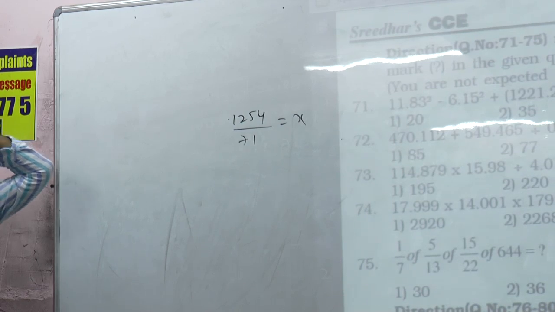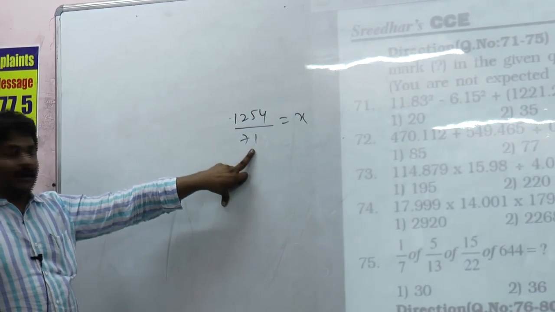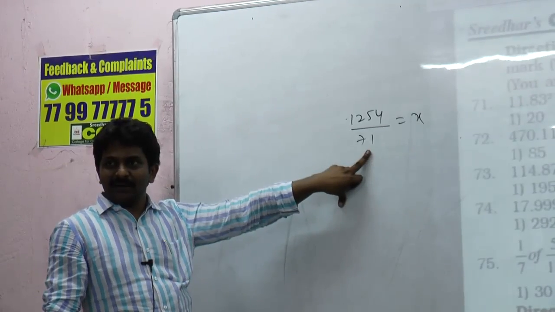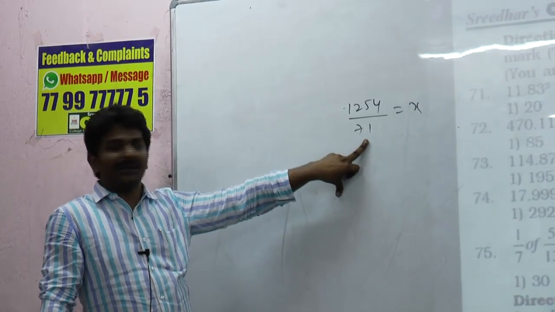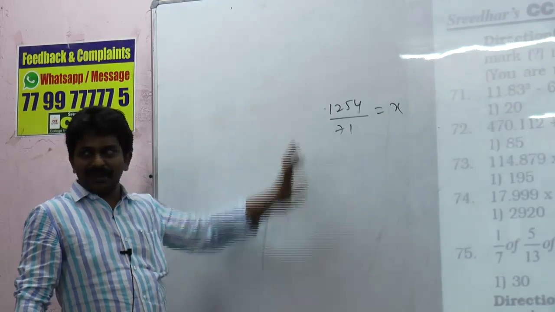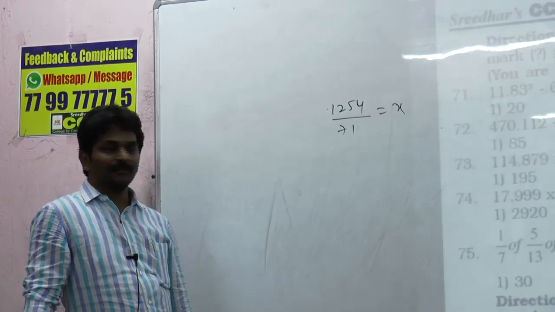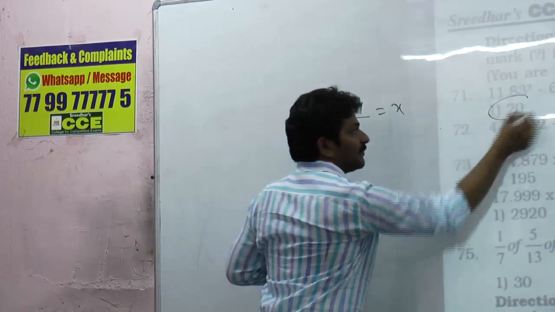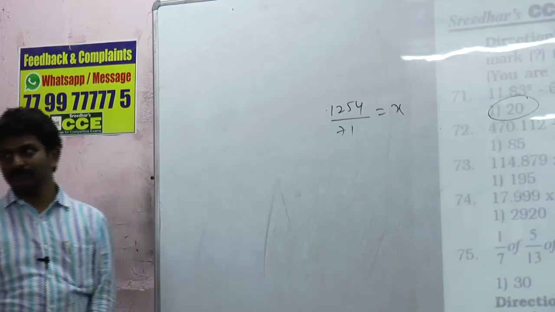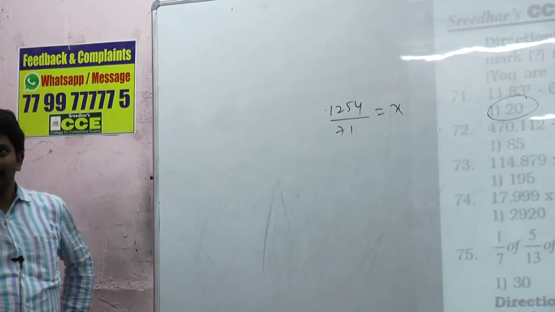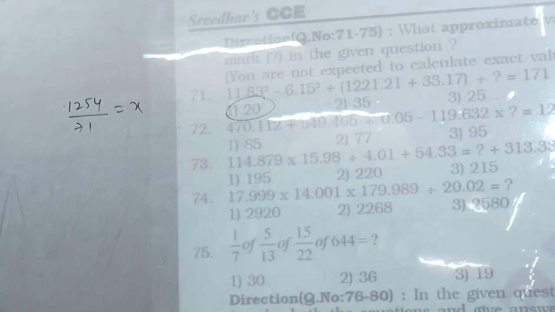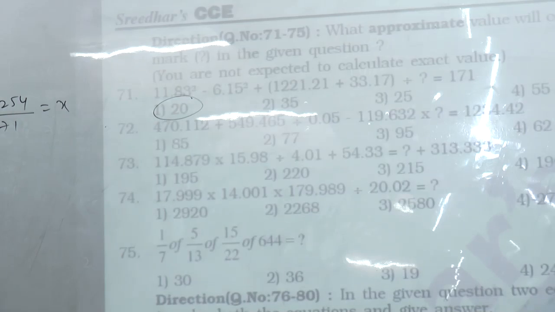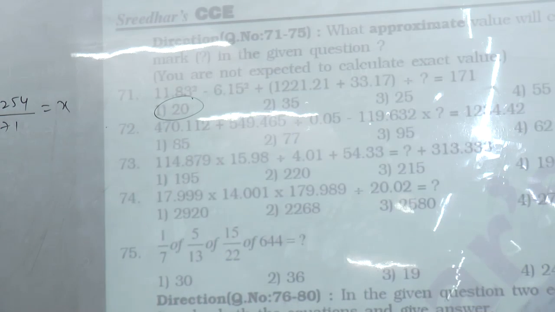Am I right? Yes or no? 10 times of this number, 710. 20 times of this number, 1420. You have less than that. Answer should be less than 20. How many options are there? Nearest number 20. Answer should be definitely less than 20, as that is not there. Nearest answer is 20. That's it.